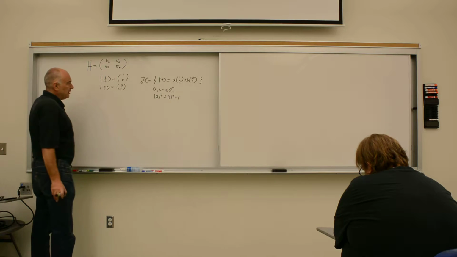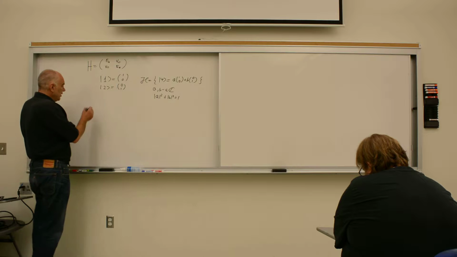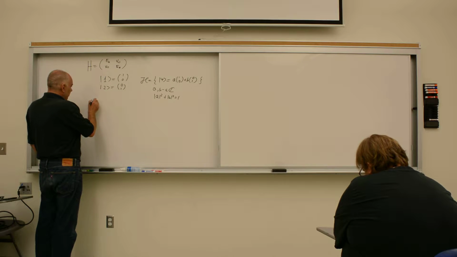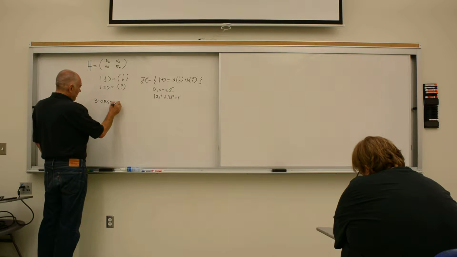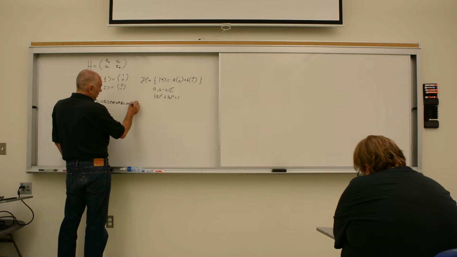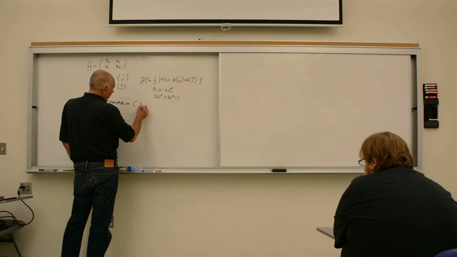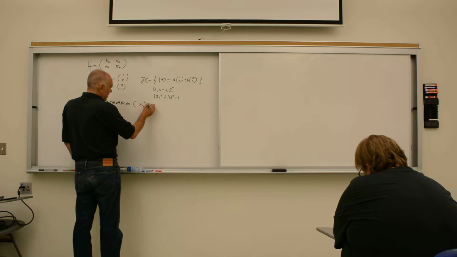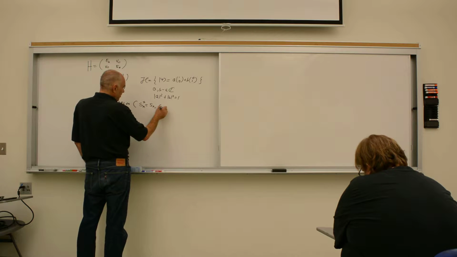And then we constructed a set of three operators, so three observables. What it means is that these three operators, which we call Sx, Sy, and Sz, are Hermitian.